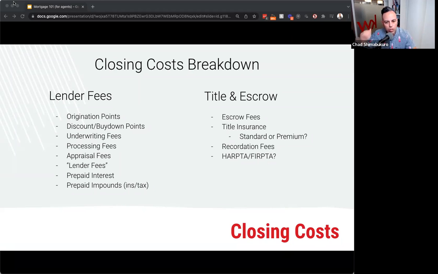But if you know that the seller is selling an investment property, meaning there's a tenant in there or a tenant was in there, HARPTA and FERPTA might apply if they're not Hawaii residents. If they're Hawaii residents, they still owe capital gains, but there's not going to be a withholding.